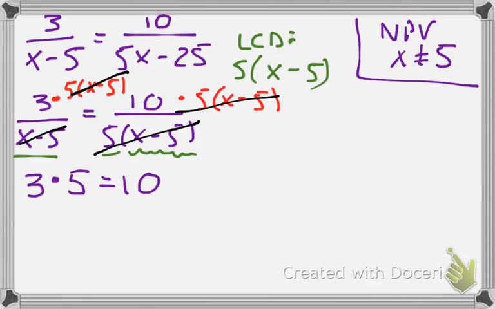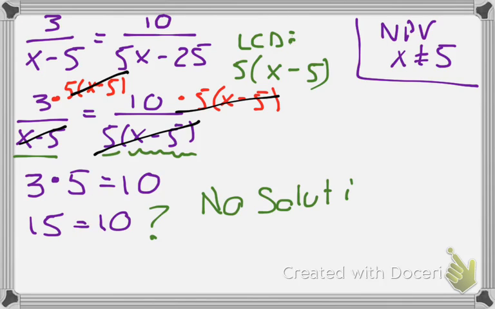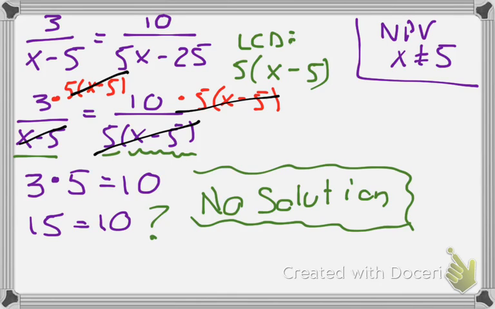So we get 15, 3 times 5, is equal to 10. And I should say, well, wait a second, 15 is not equal to 10. Every once in a while you'll get this, and it's actually no solution. It's kind of a different kind of example to start with, right? If you get something like that, where one number is equal to another number and there's no x involved, like 15 is equal to 10, no solution.